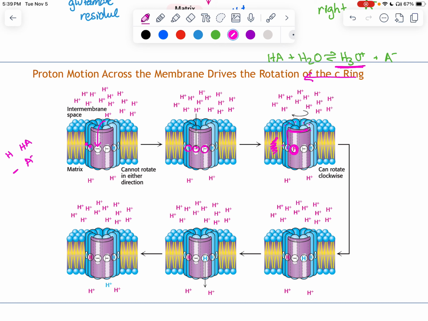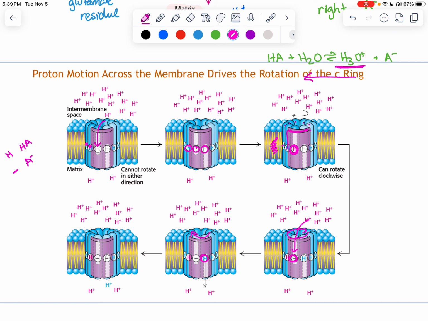So it moves, and as that happens, because this blue piece in the back has been moving, it brings a new one here. A new H+ can come in, bond to it, it becomes neutral, it wants to move, so it spins further around, and so on and so forth, until finally one of those with the protons makes it over here.